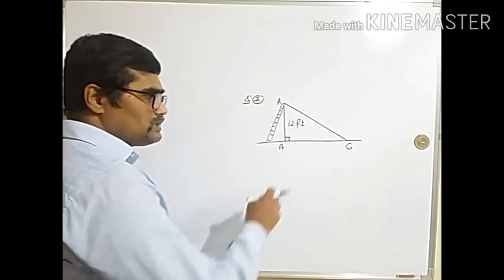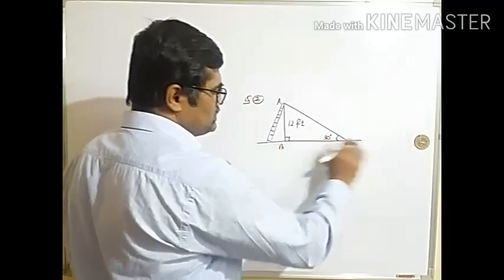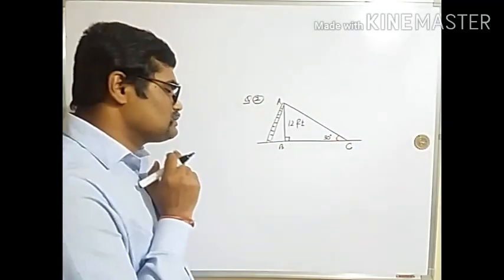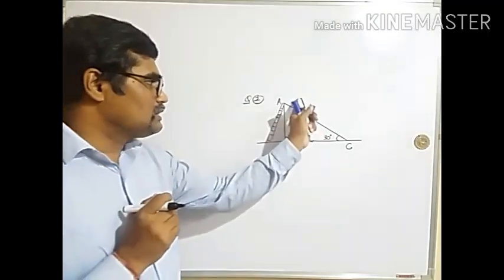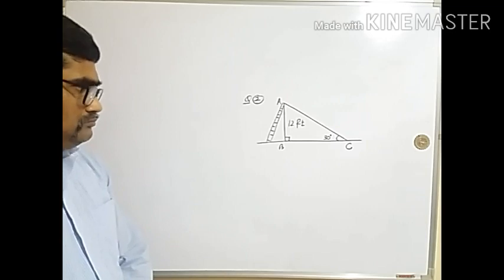And it is told that the slider makes angle 30 degree with the horizontal. Then my question is, what will be the length of the slider, right?